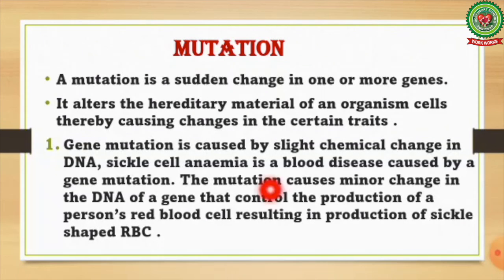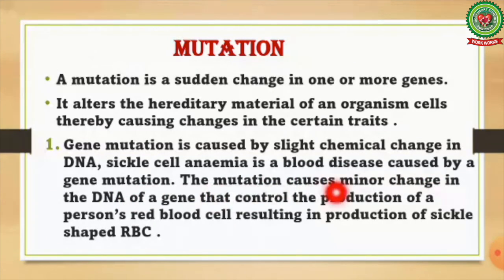The next we are discussing is mutation. A mutation is a sudden change in one or more genes. It alters the hereditary material of an organism's cells, thereby causing changes in certain traits. A gene mutation is caused by a slight chemical change in the DNA. Sickle cell anemia is a blood disease caused by a gene mutation.